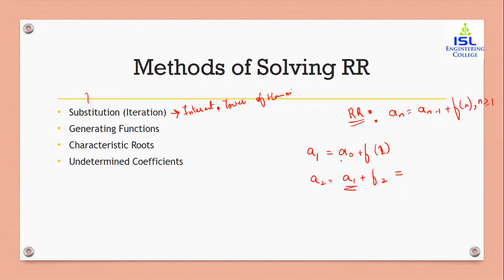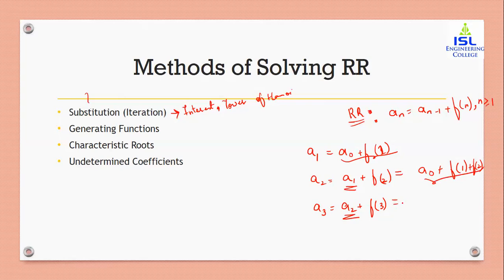Instead of a1, substitute this entire equation. So we will write a0 plus f1 plus f2. After that, we will take a3. What will be a3? a3 is a2 plus f of 3. Now, for that, instead of a2, we substitute this entire equation.